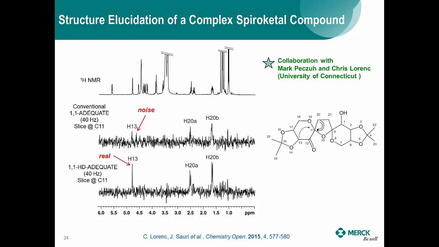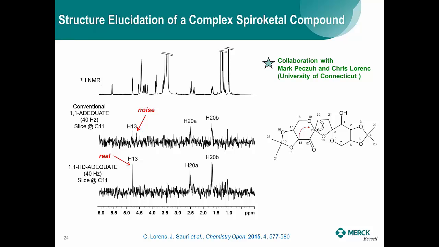So we actually ended up running the 1,1-HD-ADEQUATE. And we can see that not only the signals from the one-bond correlation, proton 20, become sharp doublets with improved sensitivity, they are doublets because we cannot remove the geminal proton-proton coupling constant.